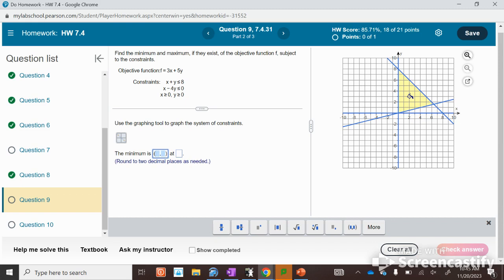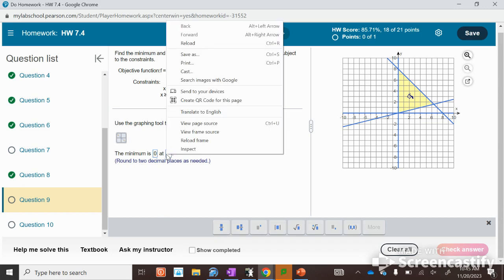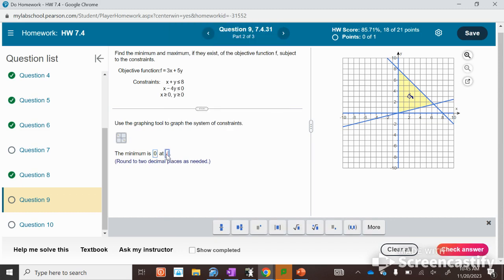So that'll be the minimum. The minimum of 0 will happen at (0, 0). That's where I want to be, because (0, 0), if you put it into the function, will give you 0.